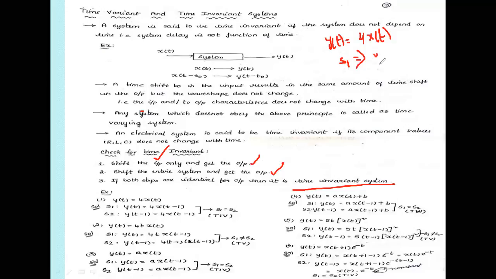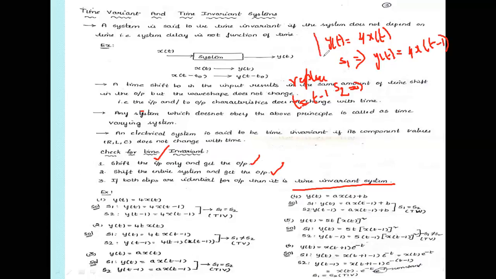So y of t is equal to 4 x of t minus 1, one sample delayed. Then for the second one, remember, to shift the entire system and get the output, replace t with t minus 1.